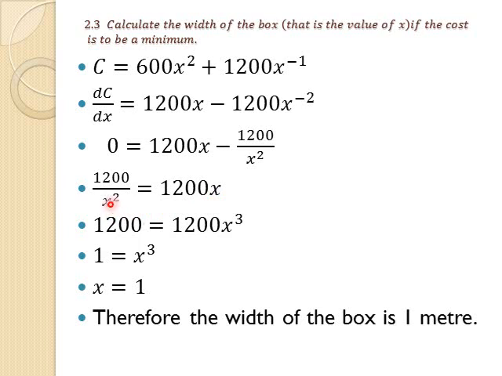Multiply the denominator away, so x squared times x gives me x cubed. I'm left with 1200 equals 1200x cubed. 1200 divided by 1200 gives me 1. So 1 equals x cubed. We assume you know the cube root of x. The cube root of 1 gives me x equals 1. So in short, the width of the box is 1 meter.